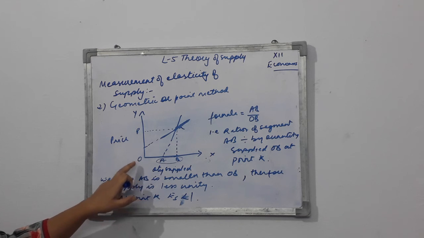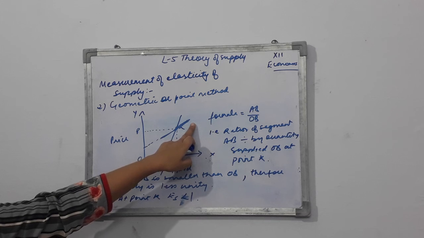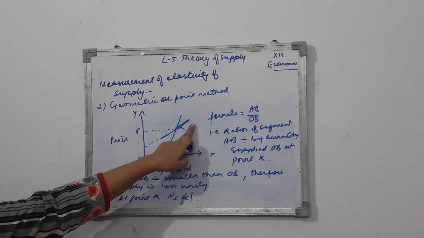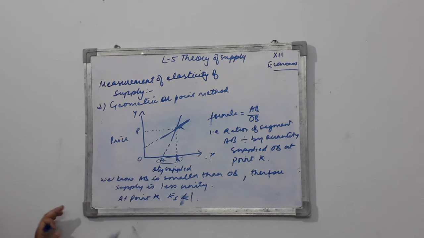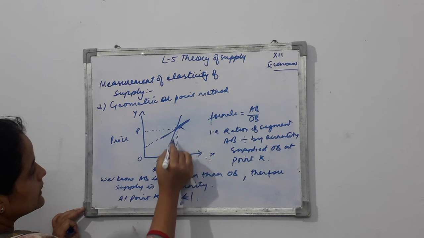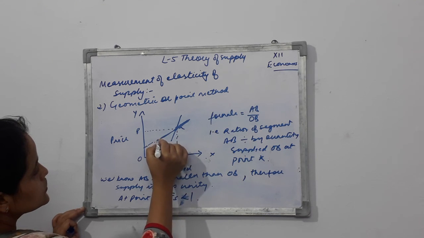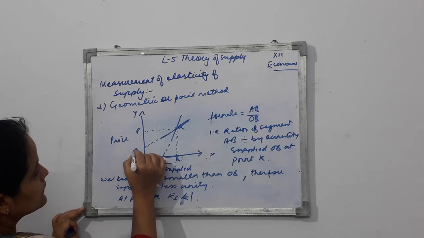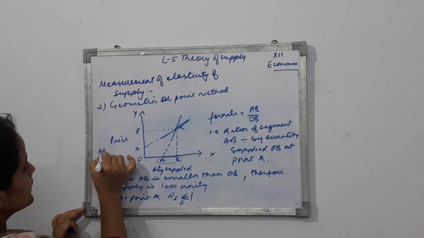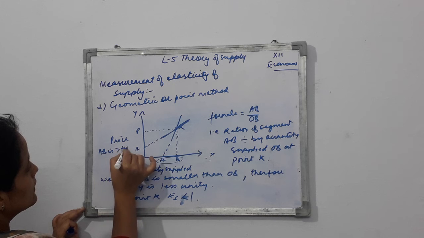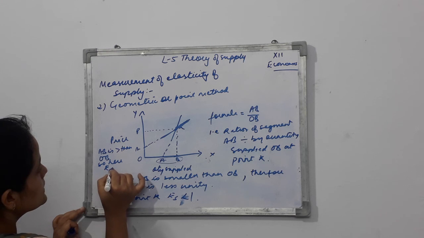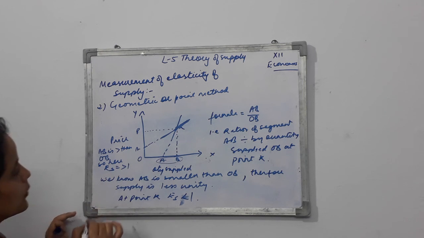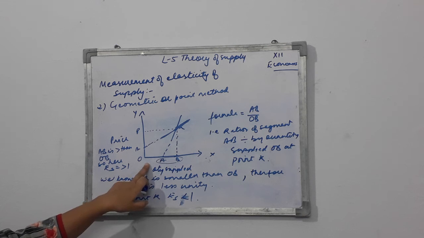Now we have taken another curve, and this portion is going to be AB, and here we would write A. Now in this case your AB is greater than OB. So here elasticity of supply is going to be greater than 1.